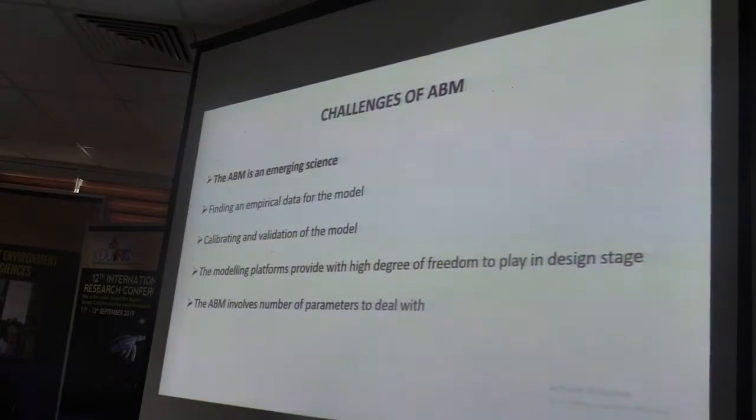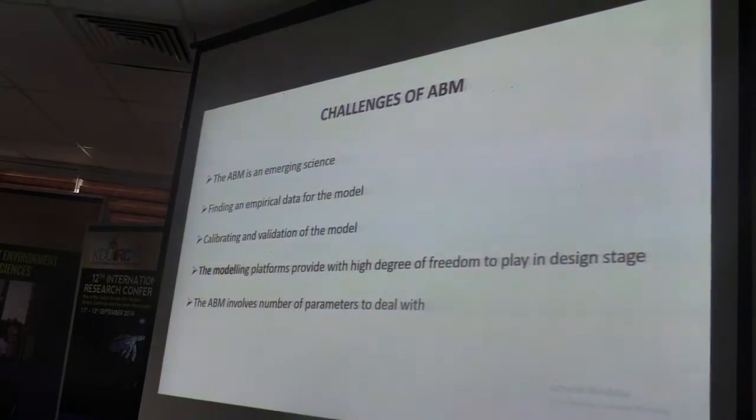Let's look at the challenges of agent-based modeling. Agent-based modeling itself has some challenges. It is an emerging science, where we need more experiments. Finding empirical data for the model is also a challenge. Calibration and validation of the model needs to be specially designed according to the case.